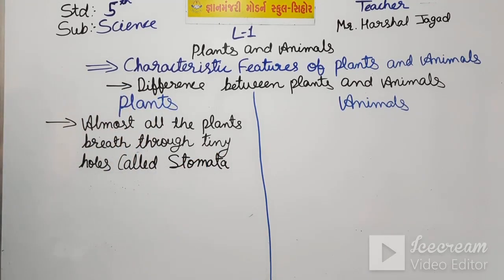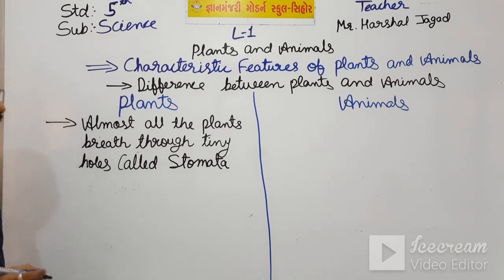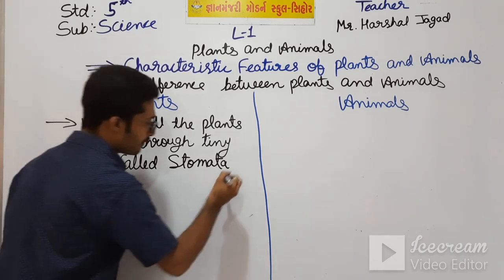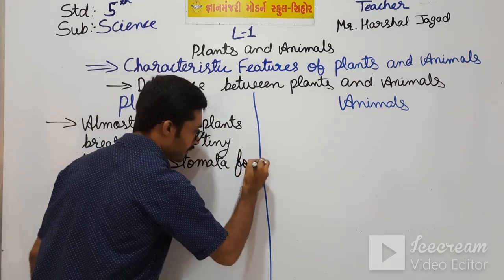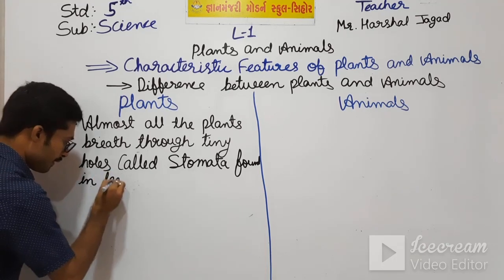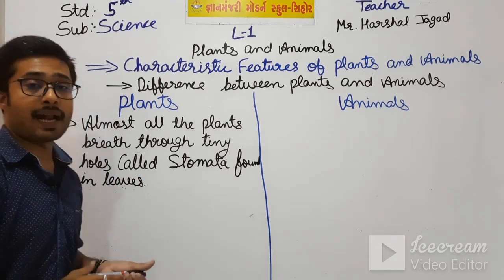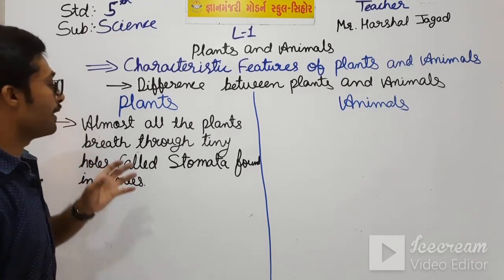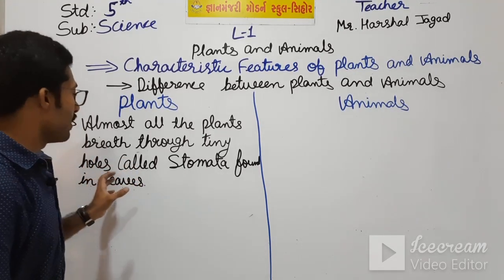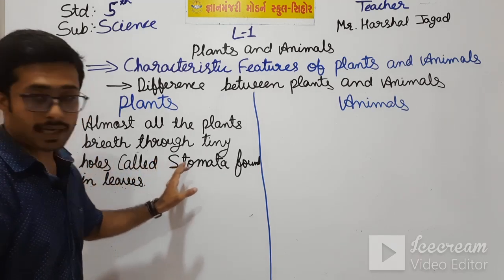So, almost all the plants breathe through tiny holes called stomata found in leaves. Means the plants have leaves and they breathe from the leaves through tiny holes called stomata.